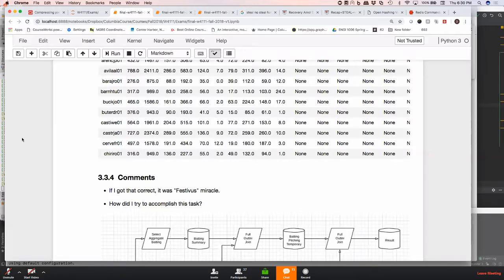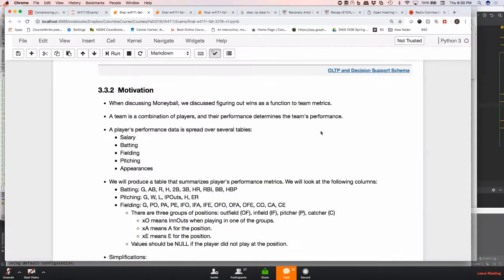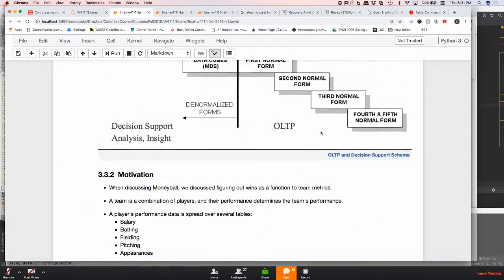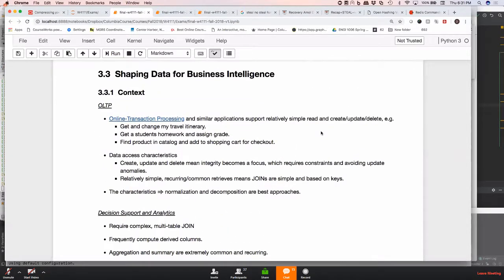All right, so let's do these one at a time. 3.3. This one, the two extremes of using a relational database are online transaction processing and data-driven decision support. Online transaction processing has updates.